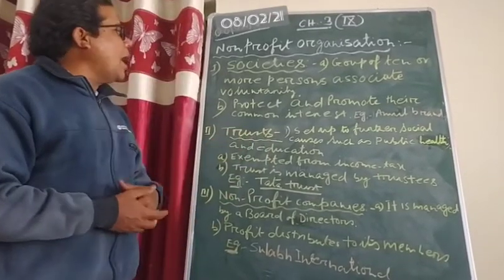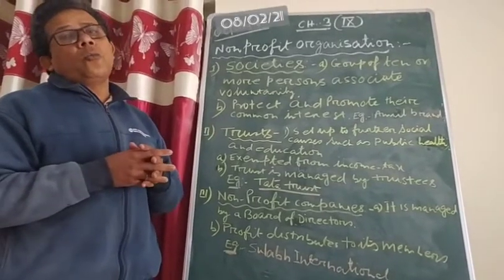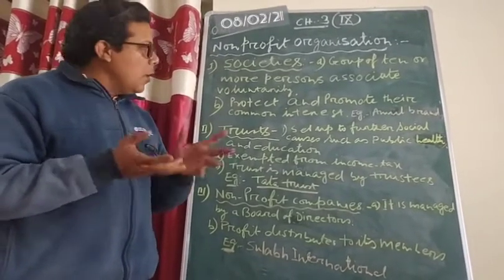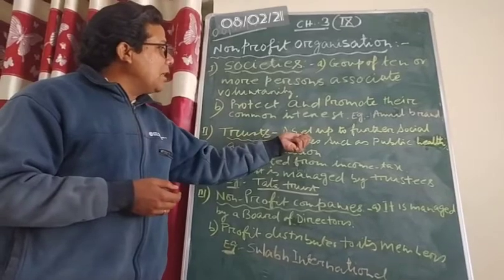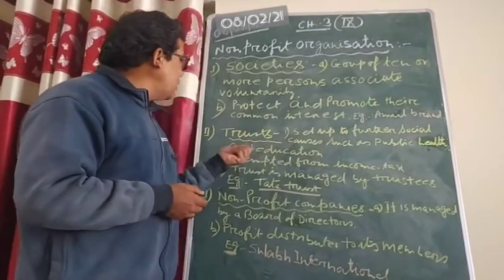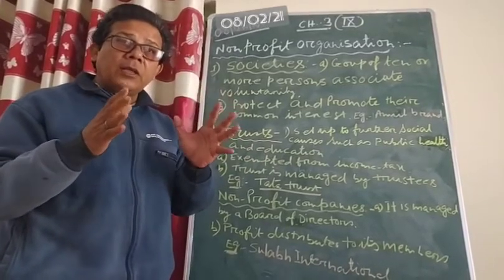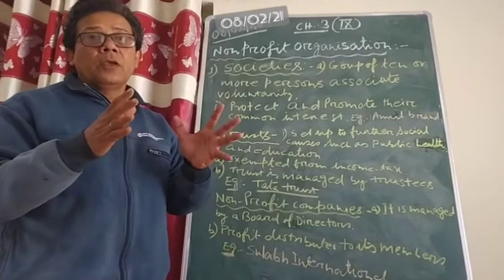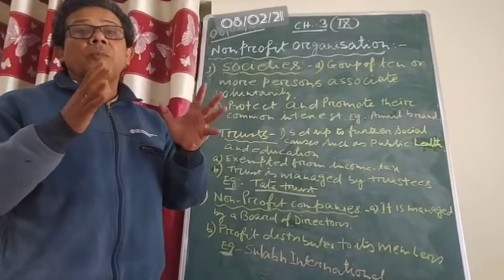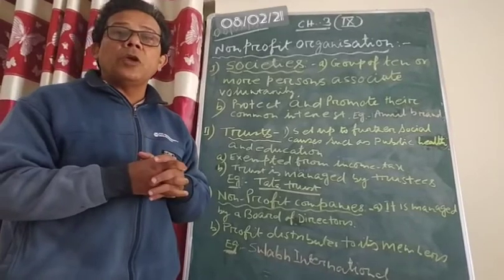Next I am coming to trust. What is trust? Trust is also a non-profit organization. A trust is set up to further social causes such as public health and education. Basically, a trust is established for taking care of public health and public education.